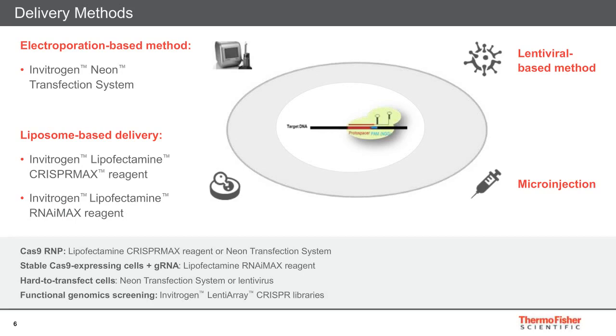The Cas9 RNP can be delivered into cells using two methods. First is an electroporation based method using Invitrogen's Neon transfection system. In case you don't have that easily available, you can also use the Lipofectamine CRISPRMAX reagent, and during this talk today we will be using the CRISPRMAX reagent during our case study.